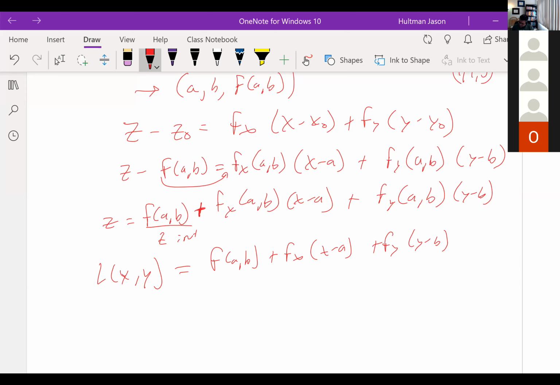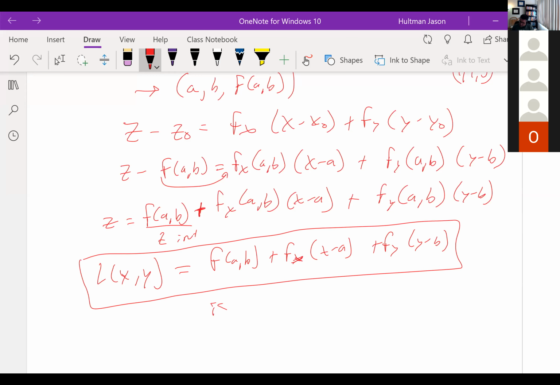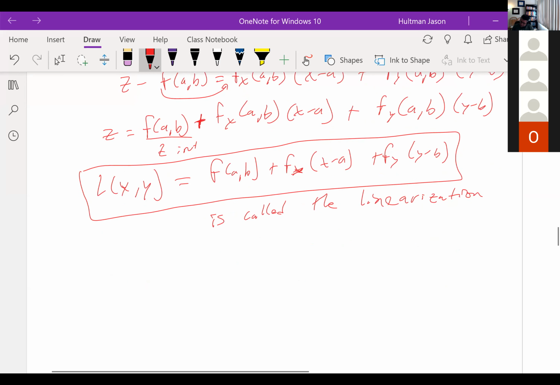To abbreviate it, this is called the linearization of f of x, y at a, b. So we've made it a linear graph in the fact that the trajectory is along the tangent plane now instead of the original function. So this is an approximation to the original function near a, b. It's a good approximation.